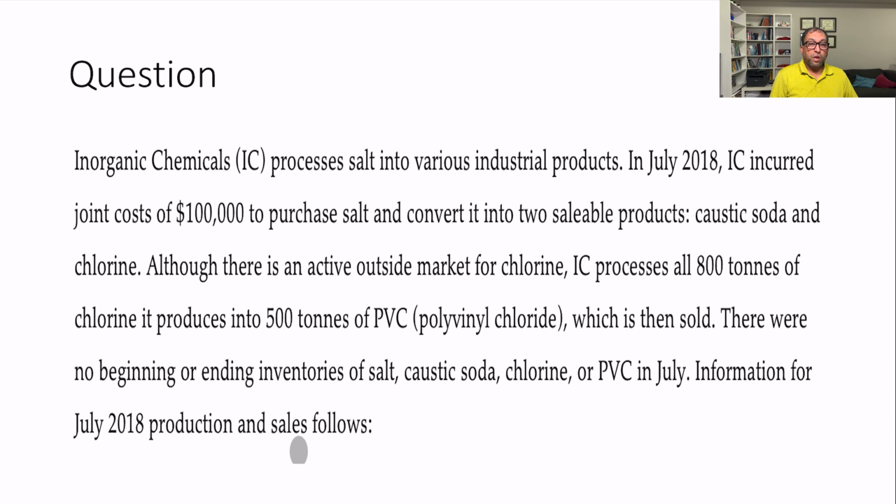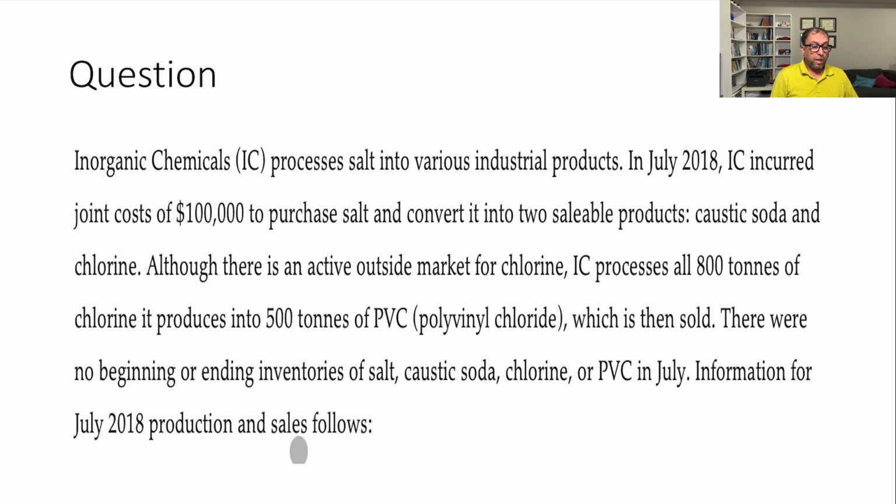In Organic Chemicals, IC processes salt into various industrial products. In July 2018, IC incurred joint cost of $100,000 to purchase salt and convert it into two saleable products, caustic soda and chlorine.